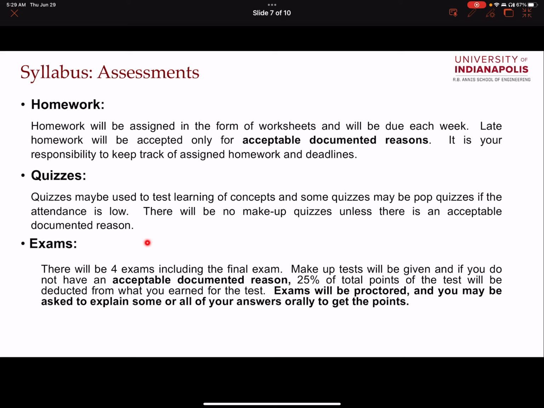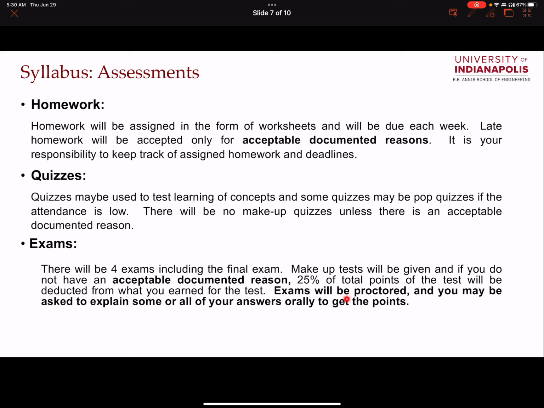And there will be four exams, including the final exam. So three section exams: after section two, you have an exam, and after section three and section four, three exams. Those three exams cover what each section covers during the class, and the final exam is cumulative.